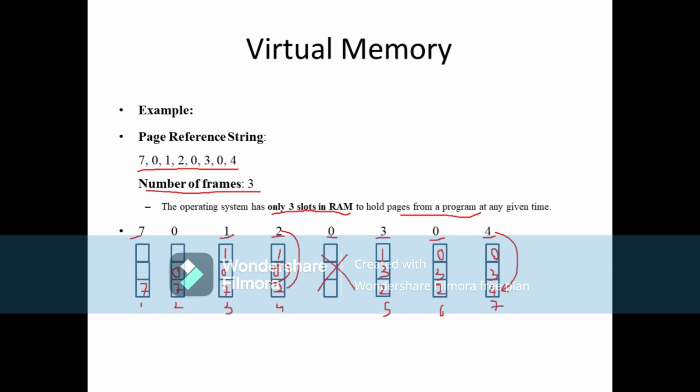So the number of page faults for the given page reference string with 3 frames using the FIFO algorithm is 7. So let's write: page fault is equal to 7. This is how the algorithm works. In my next video, I will discuss the next page replacement algorithm.